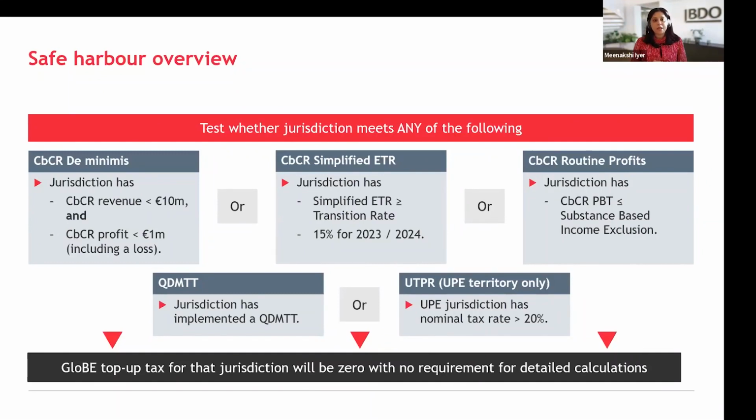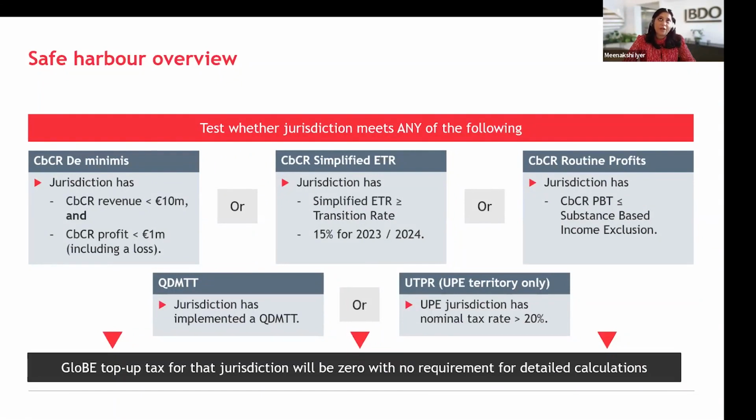The first one really relies on your CbCR data. And most groups would already be preparing their country by country reports, and therefore this data should be readily available. However, what the OECD have said is that the C by C should be a qualified country by country report.